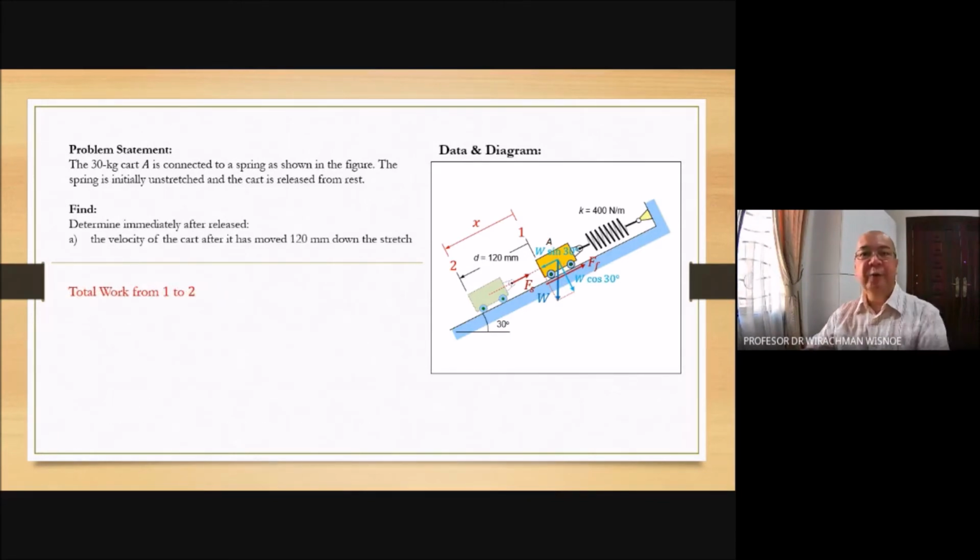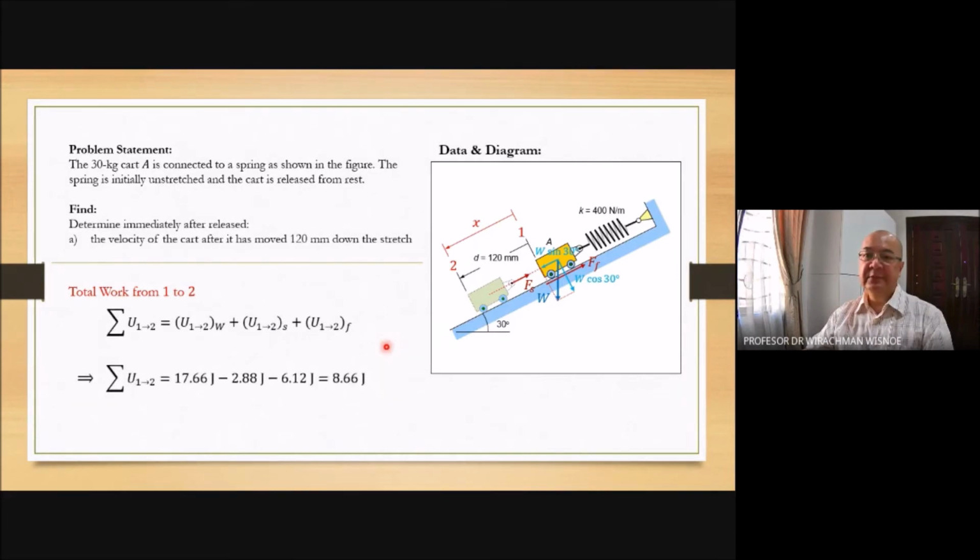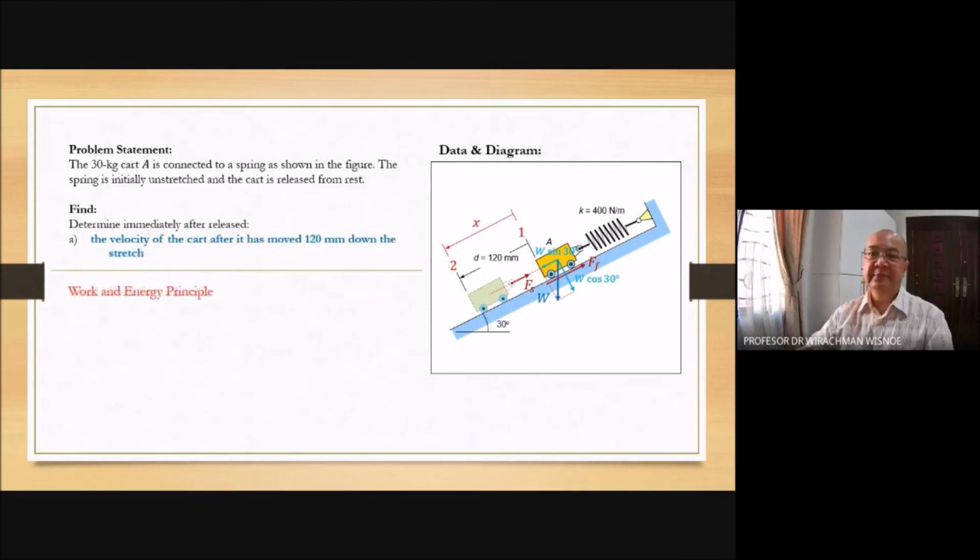Sum of all the works. Put the value, so you have 8.66 joule. That is the sum of all works. Now we put it back into the work energy principle. We have this equation, T1 plus the sum of all works equals T2.